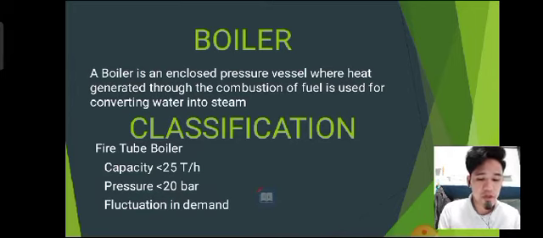What are high pressure boilers? High pressure boilers are those where pressure is greater than 80 bar. Between 20 and 80 bar, they are intermediate pressure boilers.